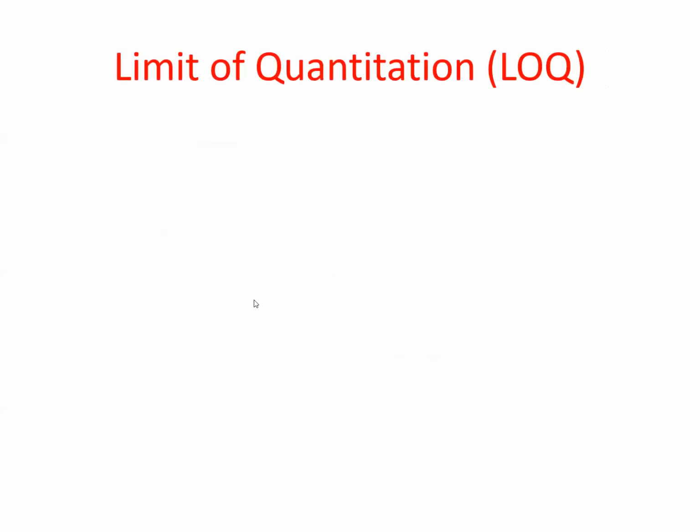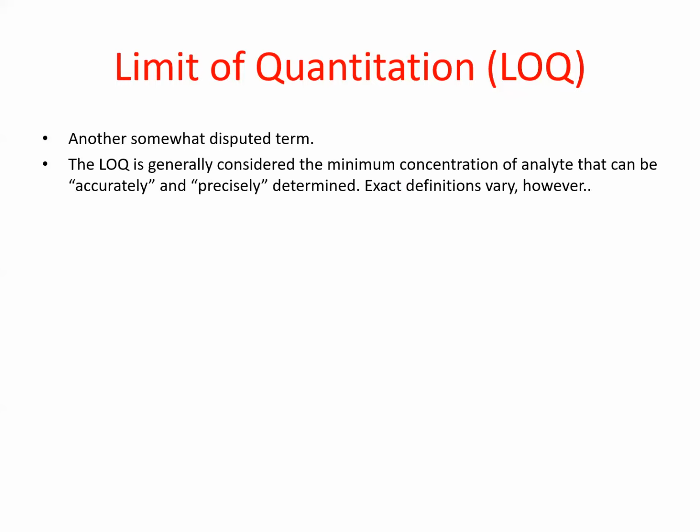Okay. Now, another associated term is the limit of quantitation, LOQ. This one is also a somewhat disputed term. But what do we mean by the limit of quantitation? Normally, the LOQ is generally considered the minimum concentration of analyte that can be accurately or precisely determined.